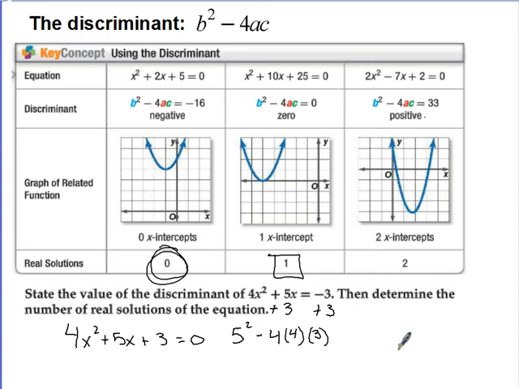Alright, so 5 squared is 25. Negative 4 times 4 is 16, and 16 times 3 is 48. Alright, 25 minus 48 is negative 23. So if the discriminant is a negative number, there are 0 real solutions.